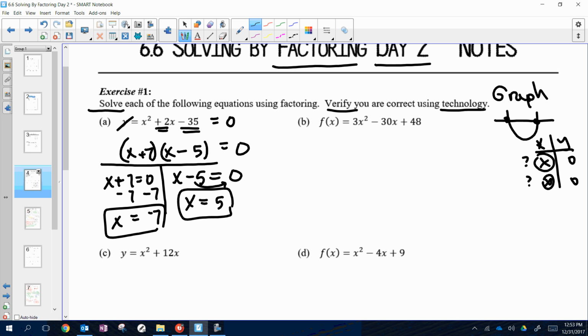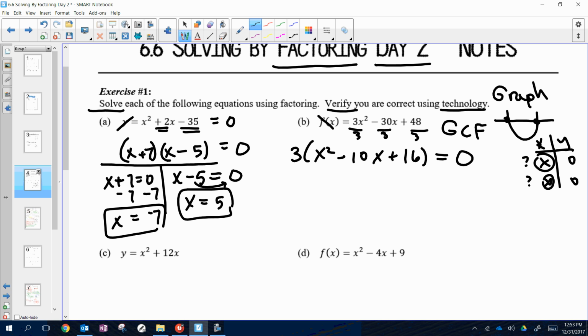So this next one's a little weird because it's got a 3 GCF. If you just started factoring and didn't notice that, your factors would be a little harder to deal with. We're going to take the 3 out. By dividing each thing by 3, you get x squared minus 10x plus 16. We're setting this equal to 0.